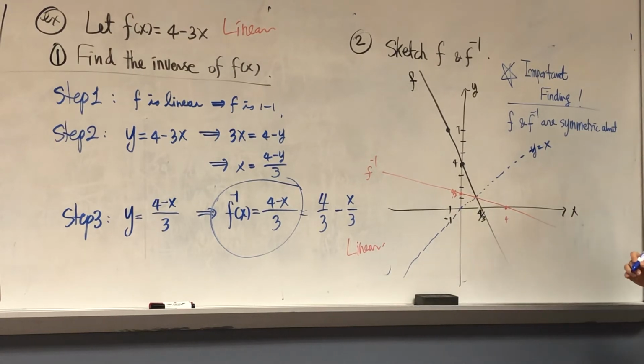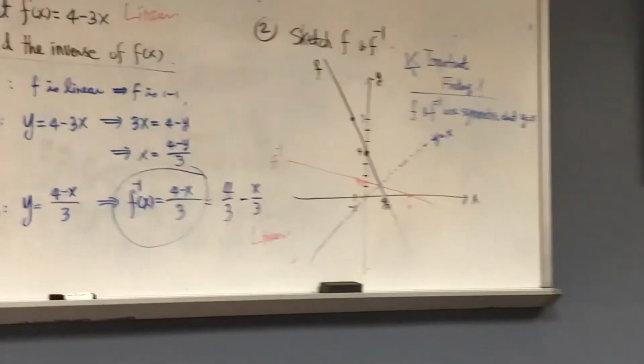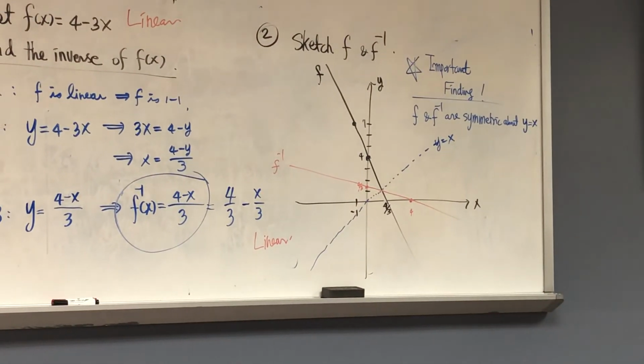The origin? No, symmetric about what? The x axis? Fold around what? Yes. This is one of the important results of f and f inverse. Do you understand? Yes. Don't forget, please.